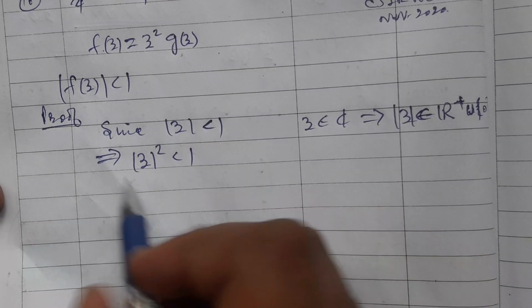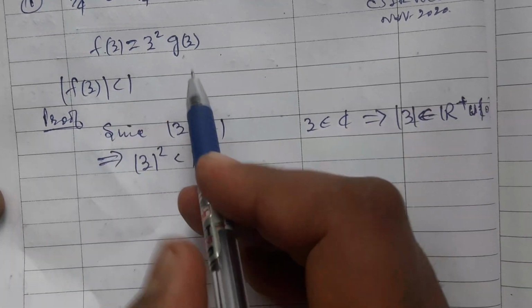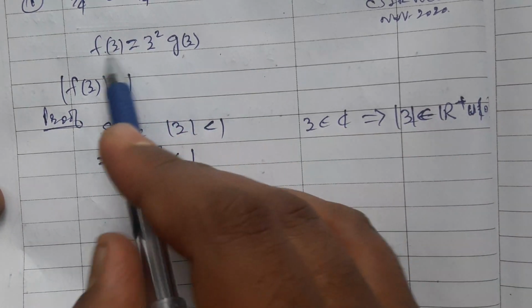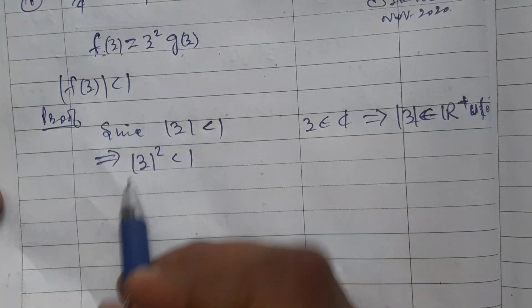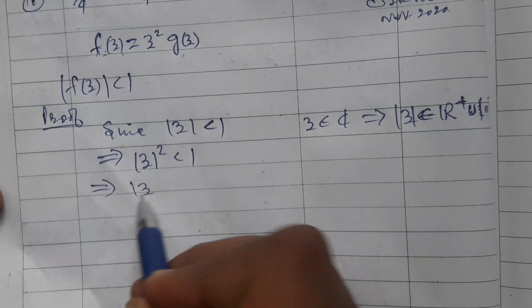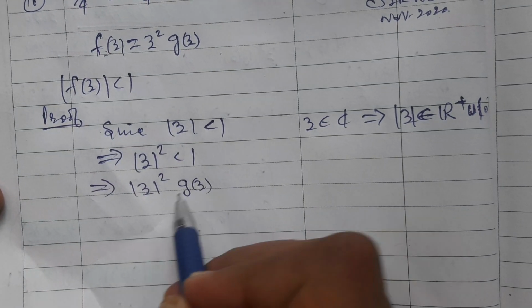So I have to work on f of z. This implies that the modulus of f of z is less than the modulus of g of z.